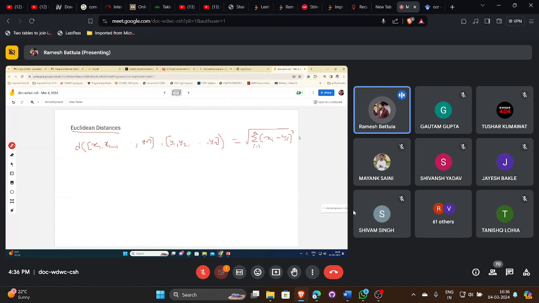Sometimes we may use this Euclidean distance also. Euclidean spaces also we will use. This is called the L2 norm, because we have two, that's why we call this the L2 norm.